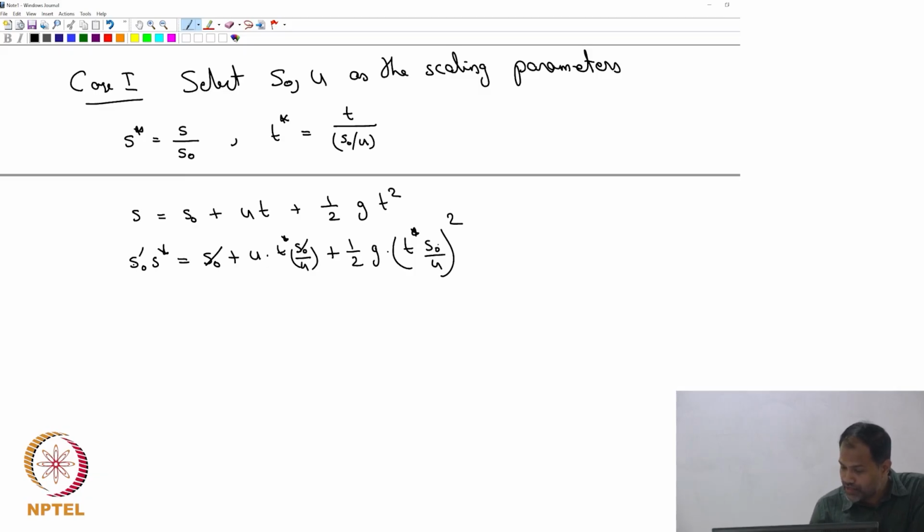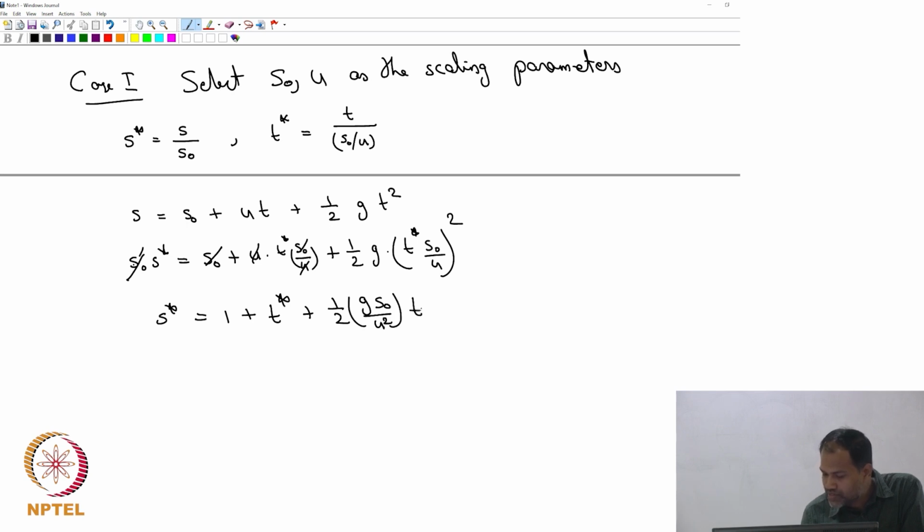So basically I end up with S star is equal to 1 plus T star plus half G S0 by U square times T star square.